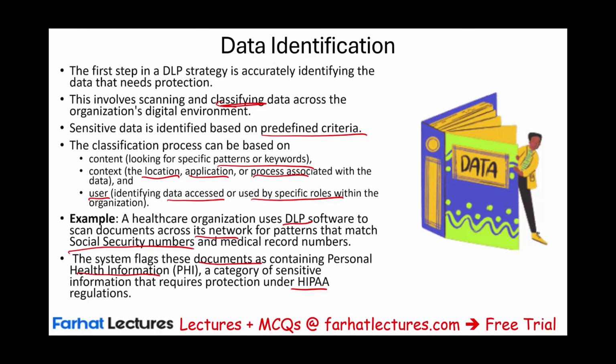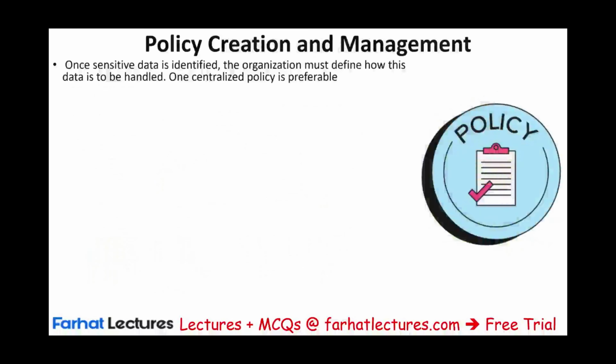So they know that this category, this personal health information, is critical. It's highly sensitive. Therefore, they ask the DLP software to scan everything. Everything means the document, the data, for this information and make sure it's protected, it's encrypted if need be transferred.